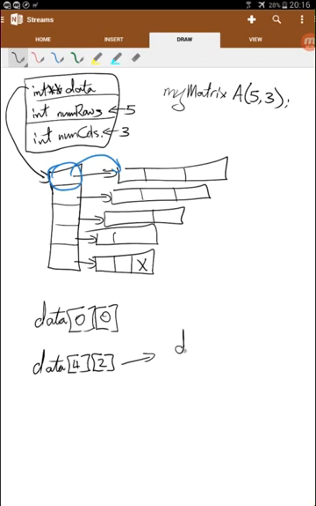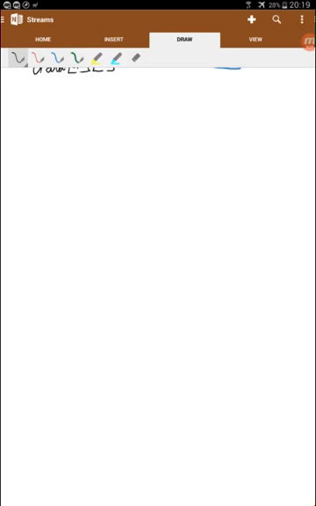So that will look like this: data plus 4, which will then get us down to that pointer there. And once we're there, we then say that amount dereferenced plus 0, 1, 2 dereferenced.